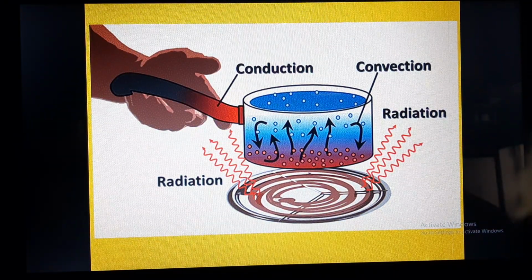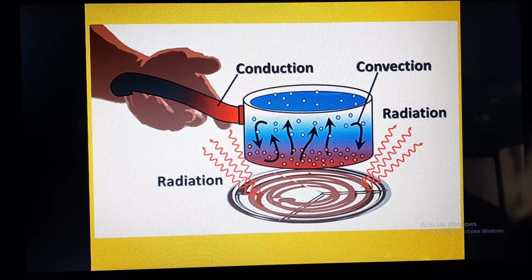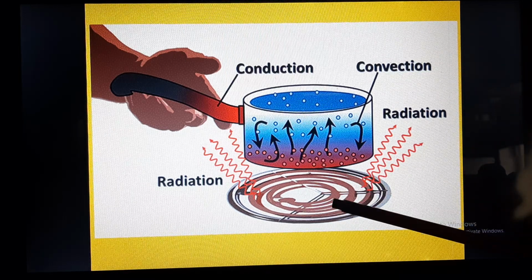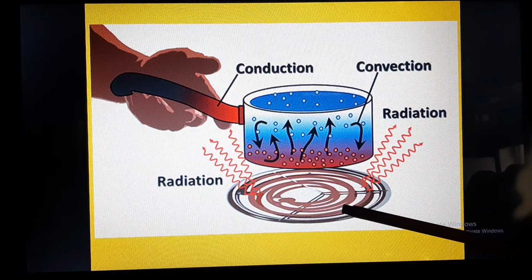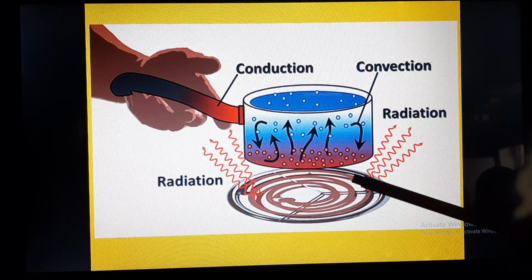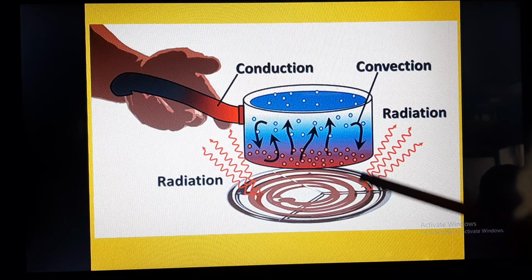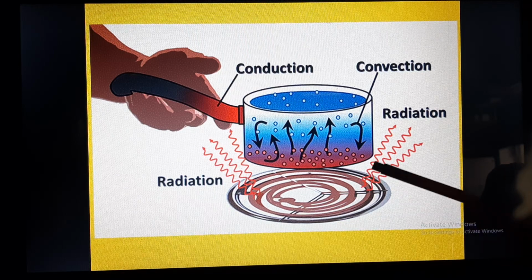Here in this picture you can see the water is boiling in a vessel, and the source of heat is a coil. So here what is happening, the source of heat is radiating the heat, or the heat is transferred through radiation.